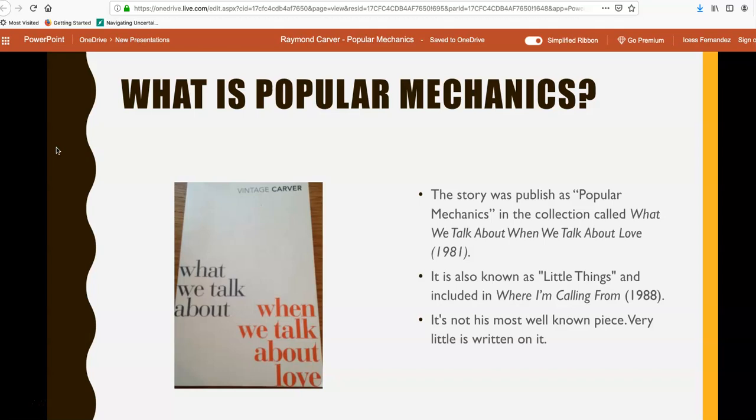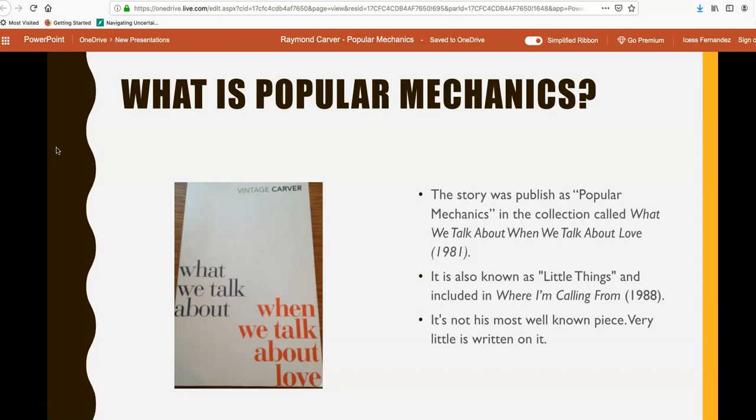The story is now called Popular Mechanics, and it was in a collection called What We Talk About When We Talk About Love, published in 81. So actually, I was wrong. Popular Mechanics, this version, is the first version of the story. The second version is called Little Things.